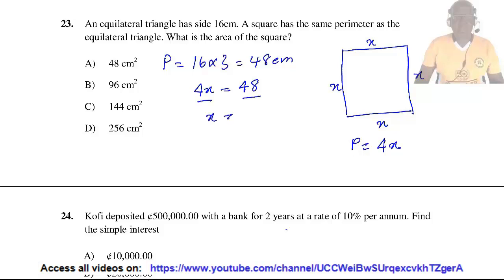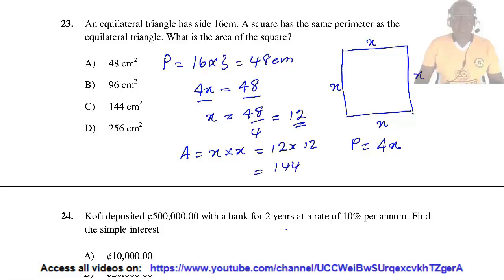Therefore, S is equal to 48 divided by 4, which equals 12. Now, the area of the square A is equal to S times S, or 12 times 12, which equals 144 centimeters squared. So the answer is C.